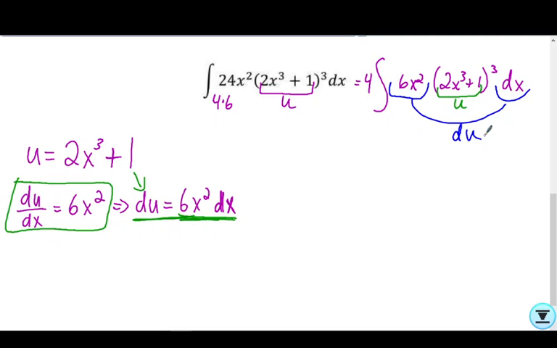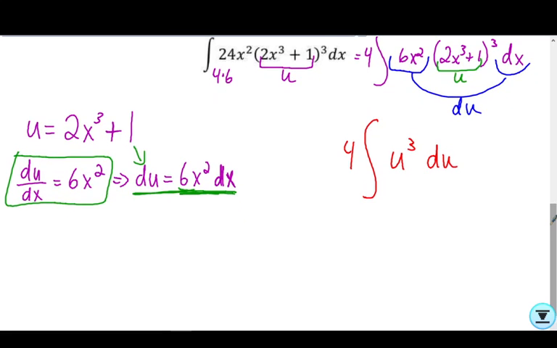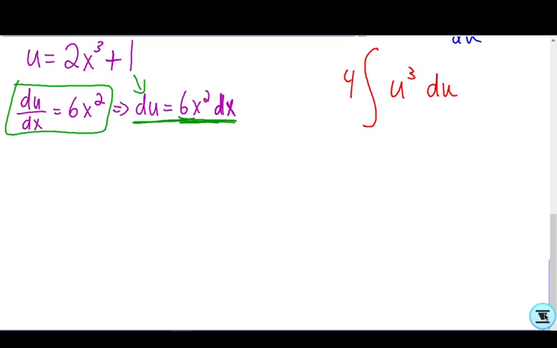So when I rewrite my equation, it's going to be 4, and this is going to be the integral of u cubed du. That's my substitution part. So then I take the antiderivative. So you add 1 to the power. So you get u to the 4th over 4 plus c.